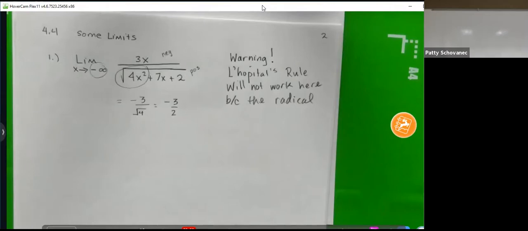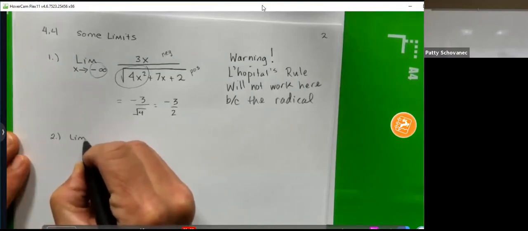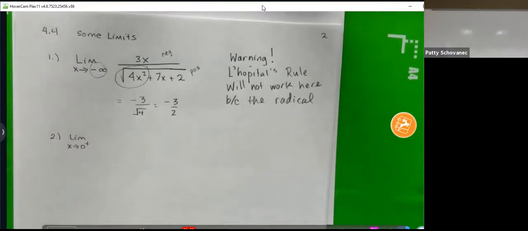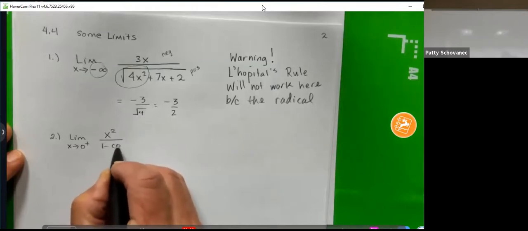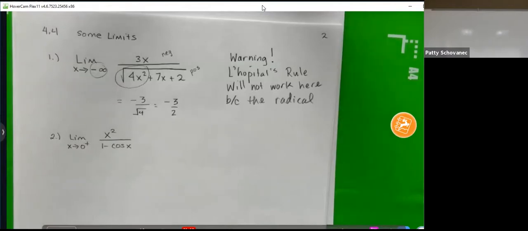So now let's find one that we can do L'Hopital's rule to. Let's try the limit as x goes to 0 from the right of x squared times 1 minus the cosine of x. I don't think we need the from the right side.